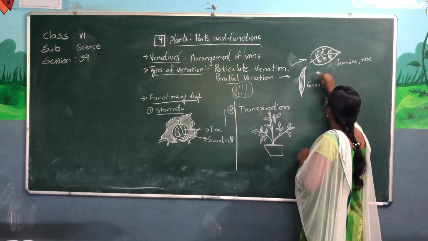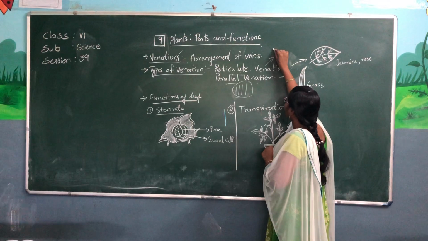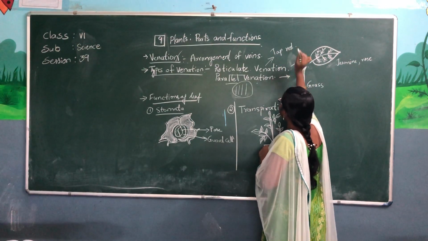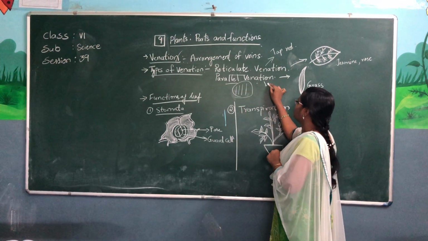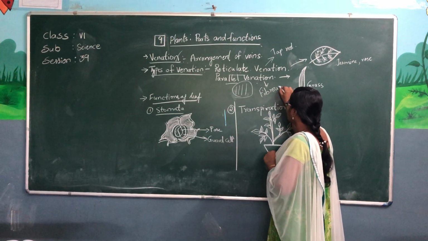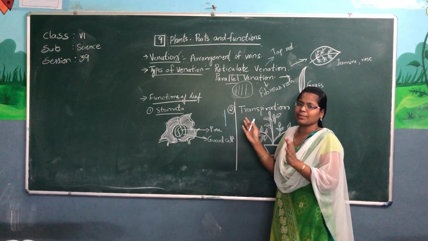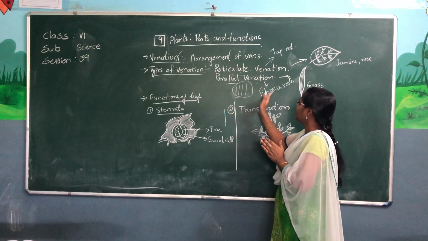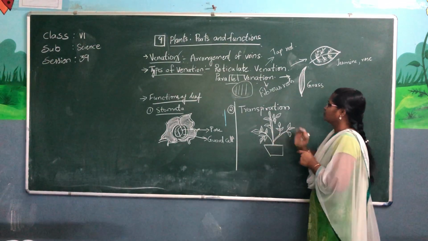Mostly plants with reticulate venation will have a taproot system, and plants with parallel venation will mostly have fibrous roots. Okay, this is finished.